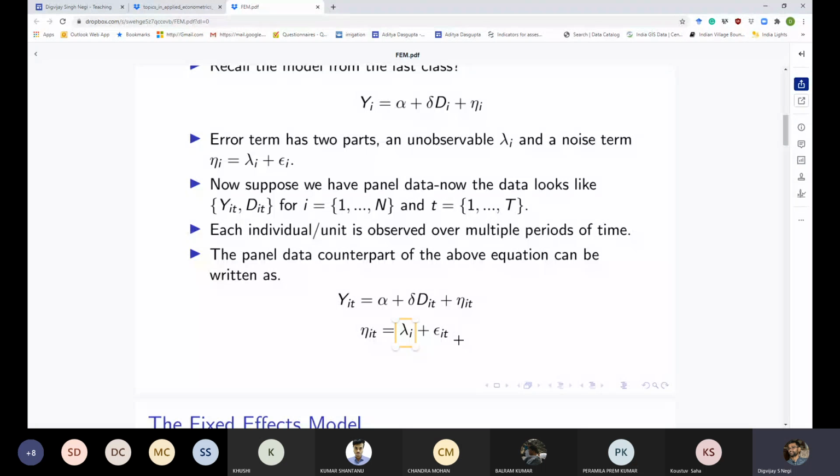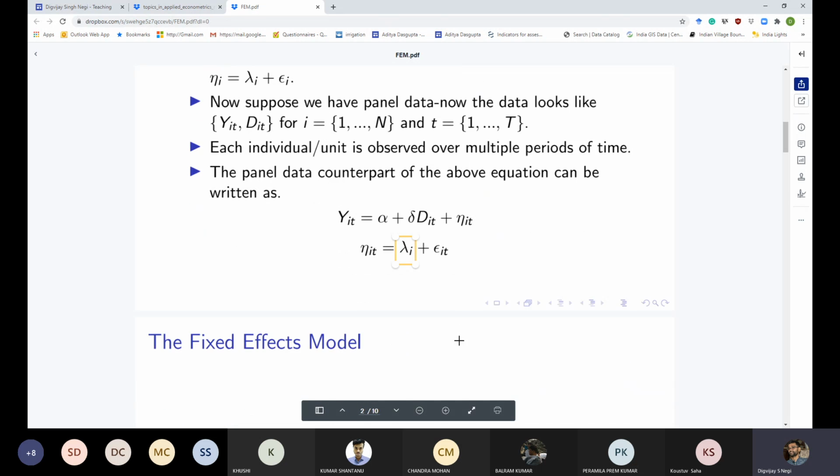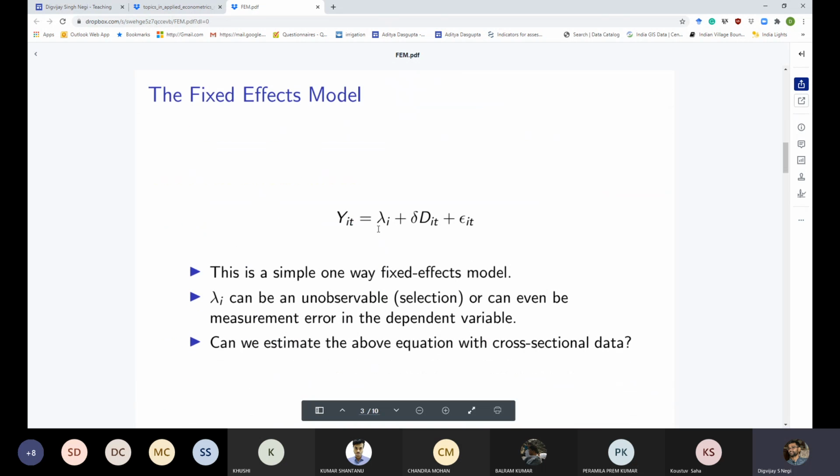Given that we have panel data and this problem of the omitted variable lambda i, which does not vary over time, we can model this as a fixed effect, and we can write it like this.